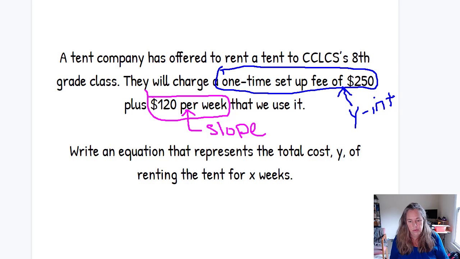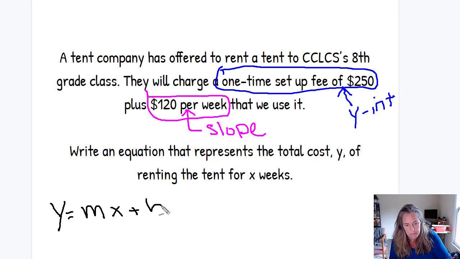To remind you what the format of this equation is, the format is y equals mx plus b, where m is your slope and b is your y-intercept.